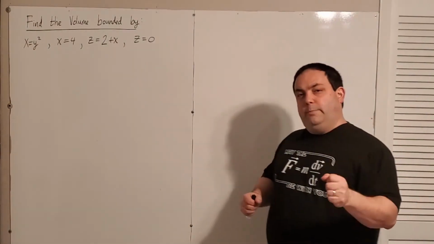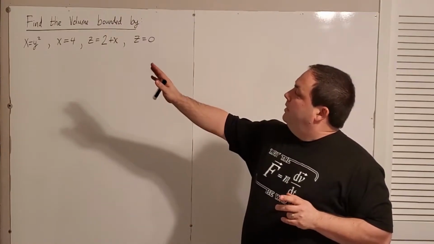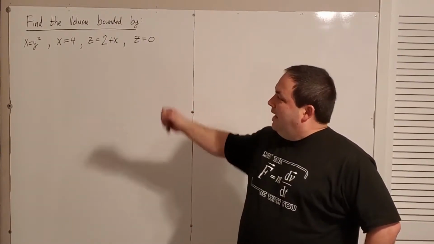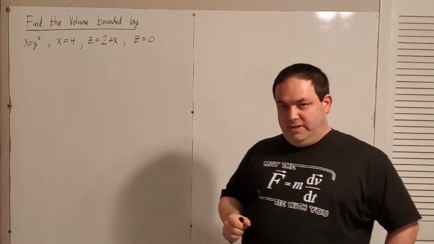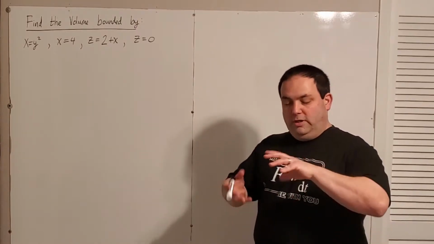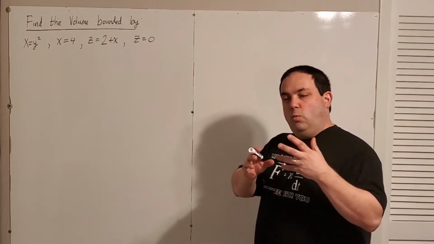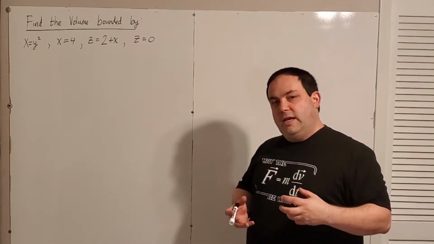Okay, next example. Find the volume bounded by x equals y squared, x equals 4, z equals 2 plus x, and z equals 0. So we've been given a few surfaces here, and we're going to intersect them, and then we want to find the volume that's trapped inside of that intersection, right?